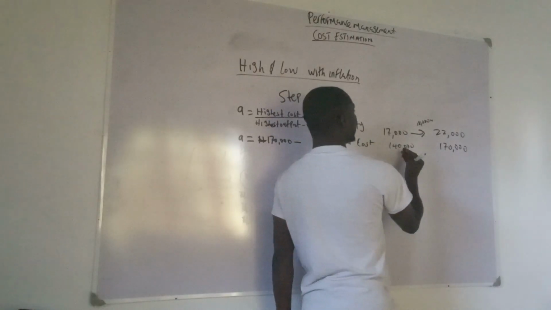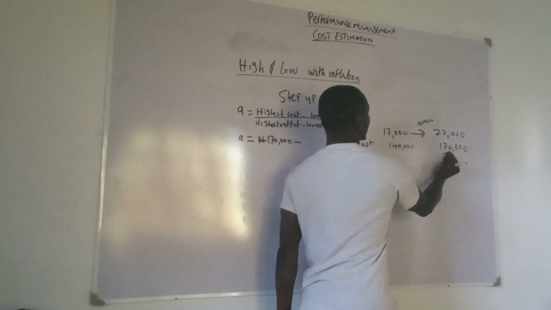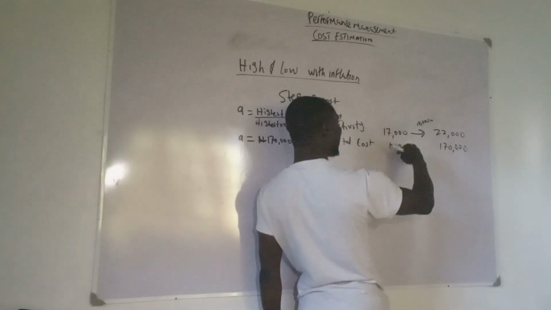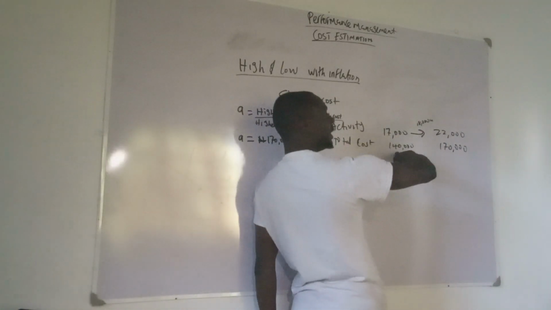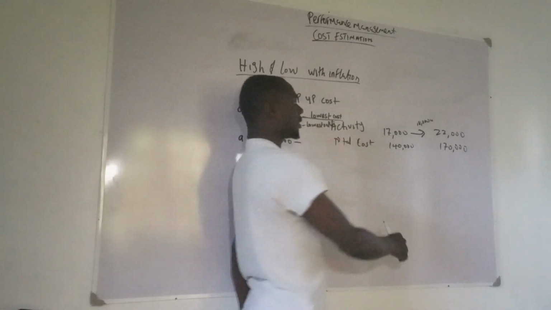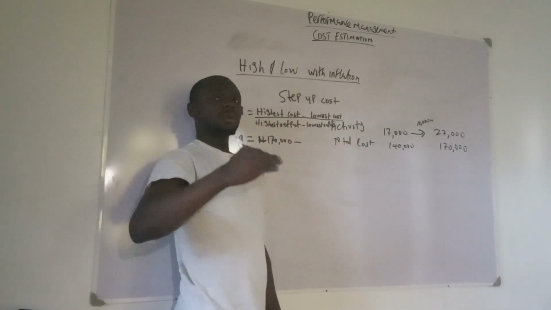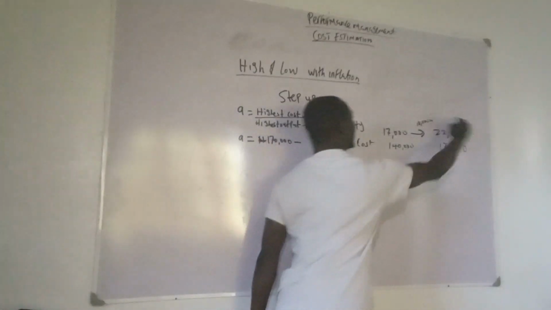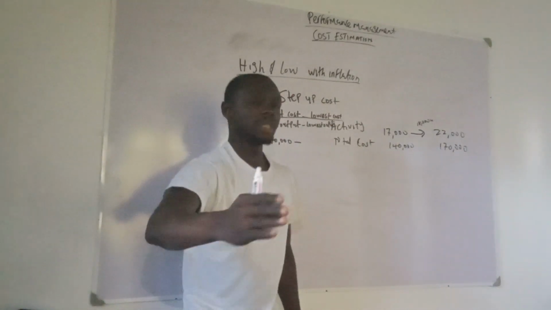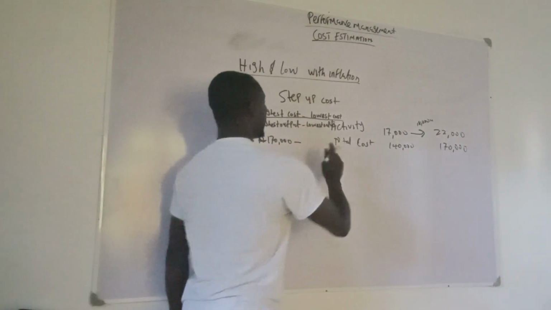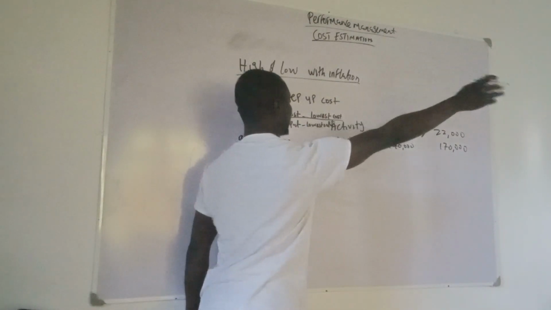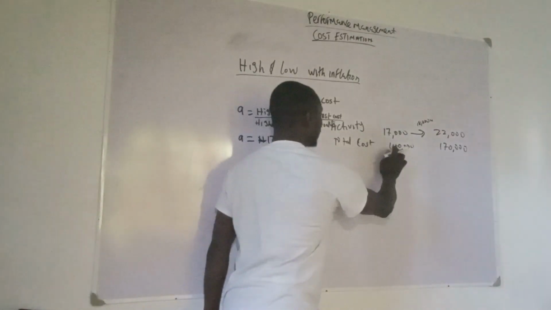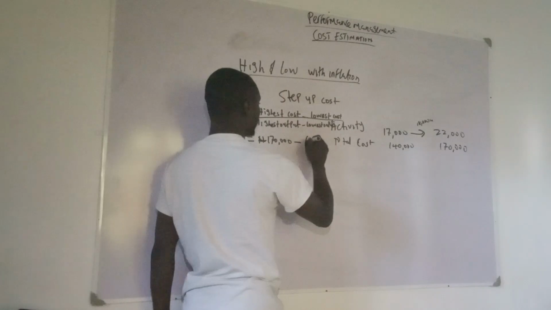So when it's moving from 17,000 to 22,000, it has already exceeded 18,000, which means that we have to add 5,000 naira to it, because they say there will be a step up cost if you produce above 18,000 units. In this case, you have produced above 18,000 units. This is your lowest cost, 140.